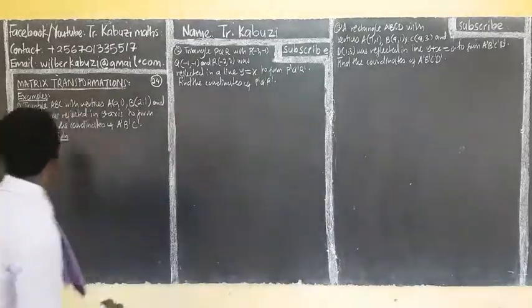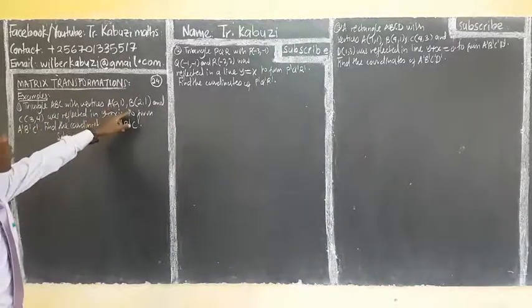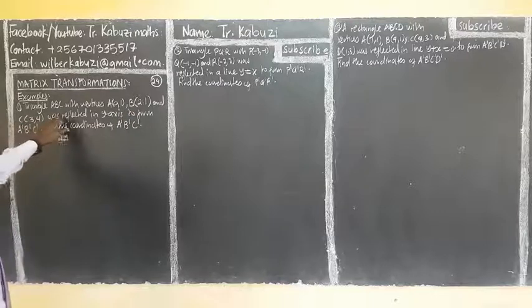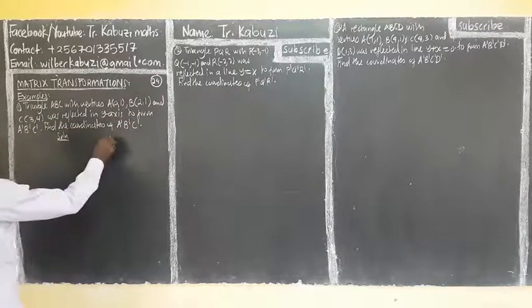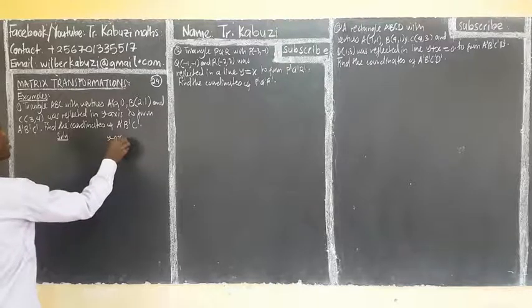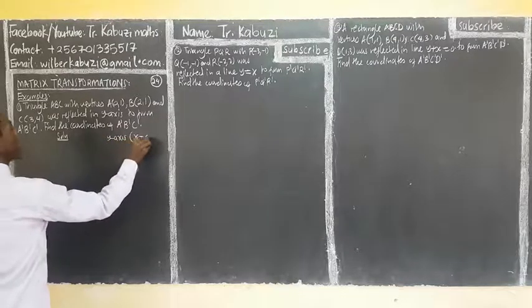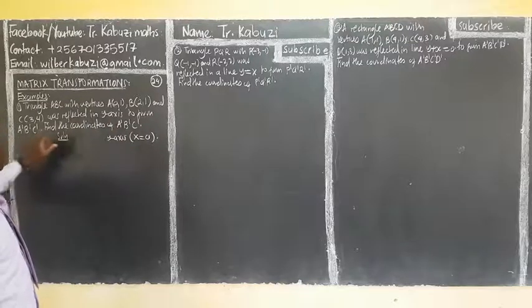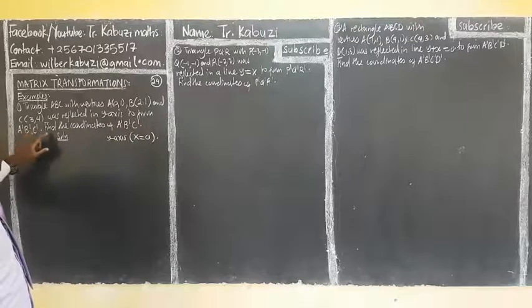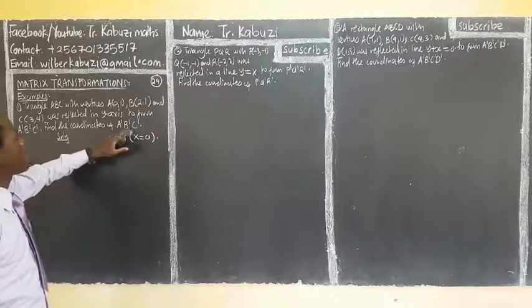So, this one: a triangle ABC with vertices A(0,1), B, C was reflected in the y-axis. If they tell us y-axis, you just know that the y-axis is the same as x equal to 0. So now we can develop this matrix to form A prime, B prime, C prime. Find the coordinates of A prime, B prime, and C prime.